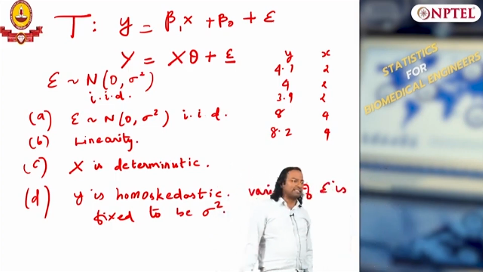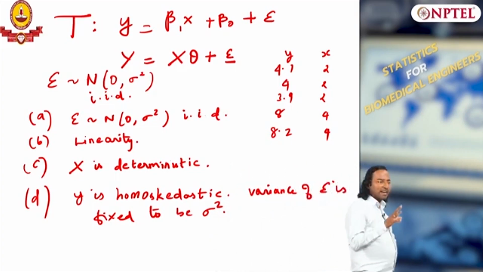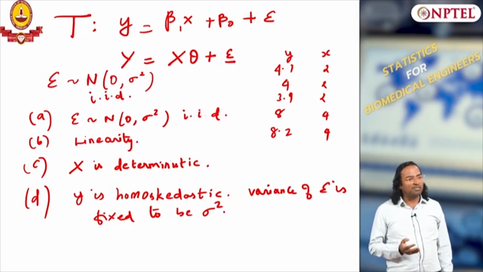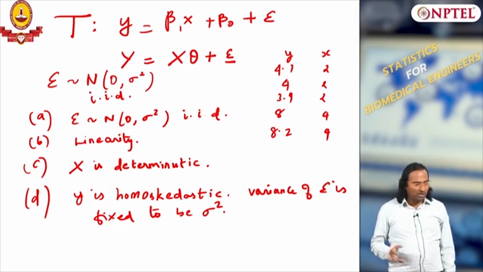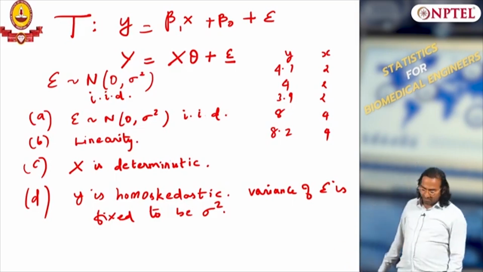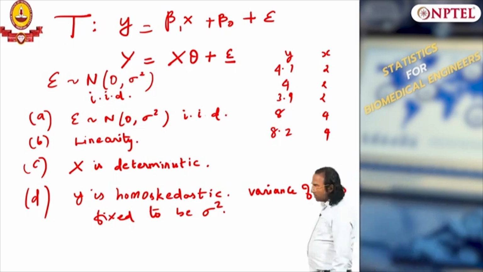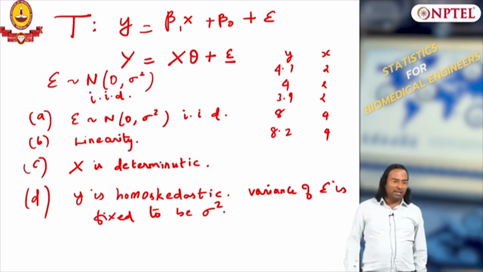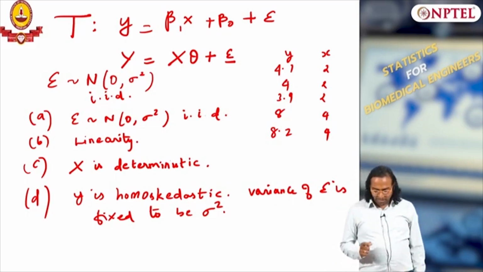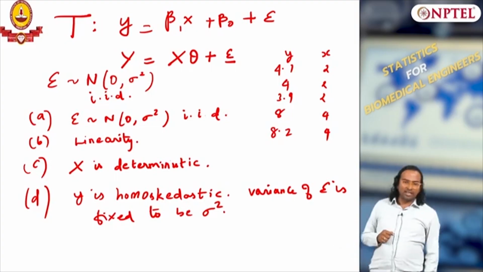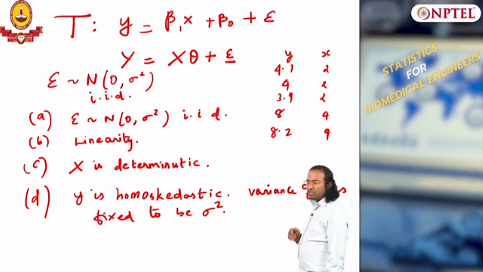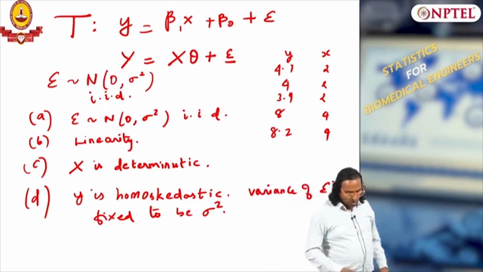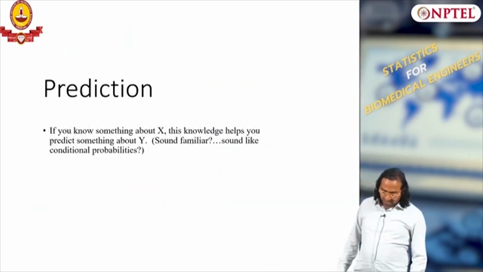Y is homoscedastic, meaning the variance of y is fixed to be what? Is fixed to be sigma square, which is the variance of noise, okay. We will see graphically what this assumption means. So, these are the key assumptions we make, okay. X is deterministic, Y is homoscedastic, the linearity assumption, and the assumption of noise being Gaussian and IID, okay. So, let me go to this fourth assumption and then tell you what it means.